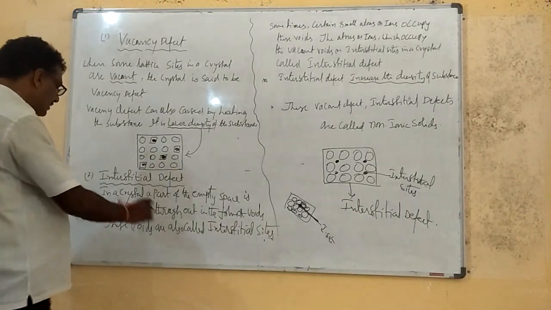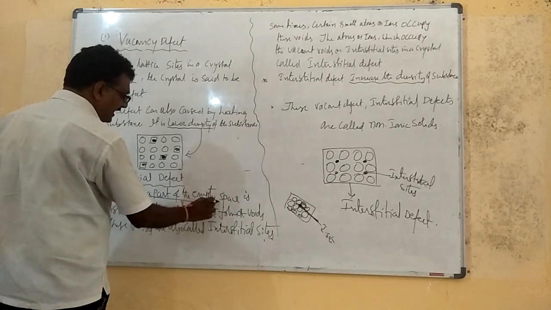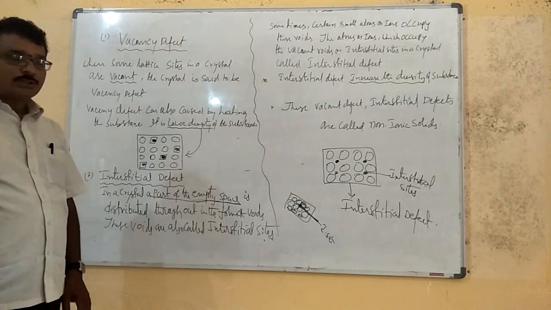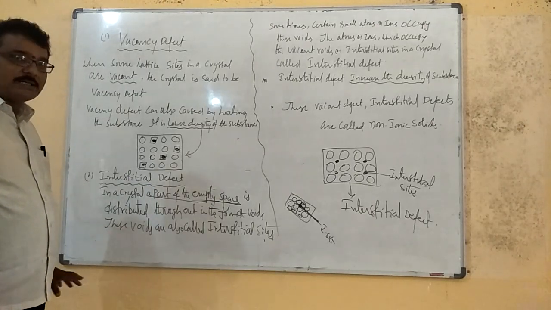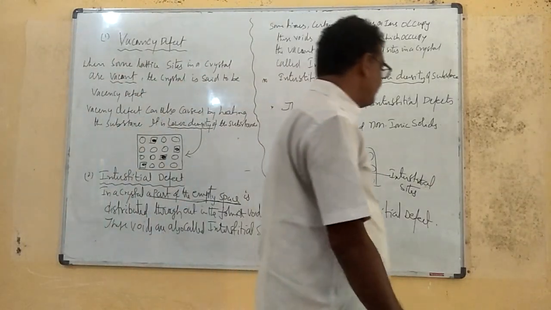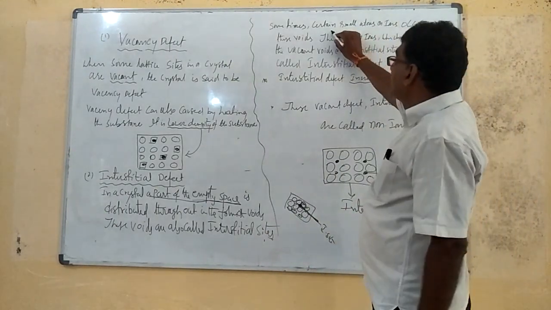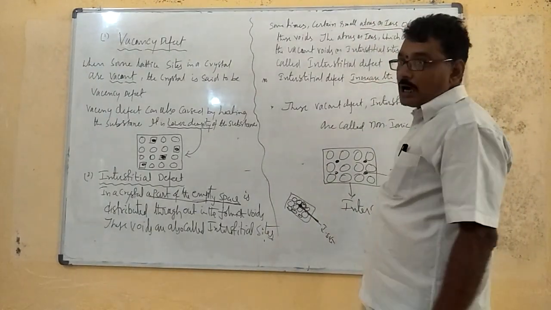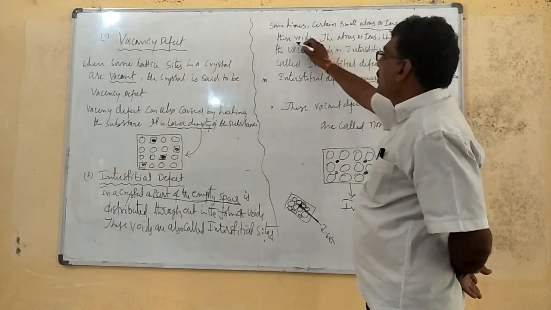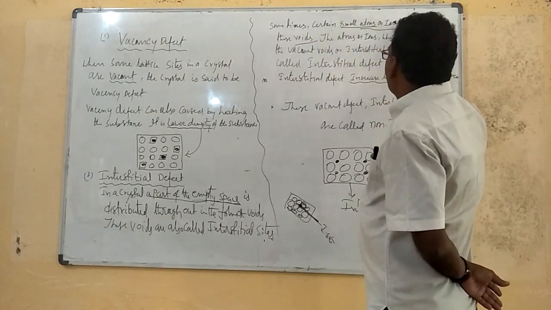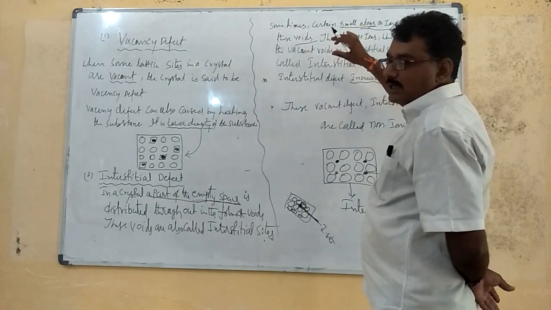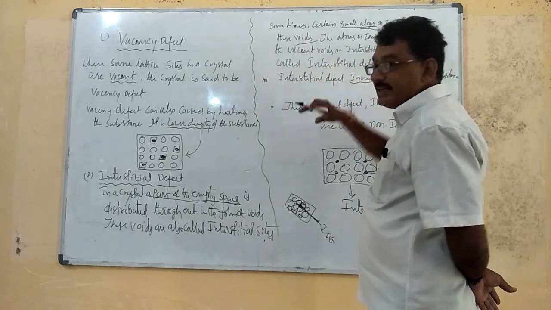So in a crystal, a part of the empty space is distributed throughout in the form of voids, and these voids are called interstitial sites. Sometimes certain small atoms or ions occupy these voids.